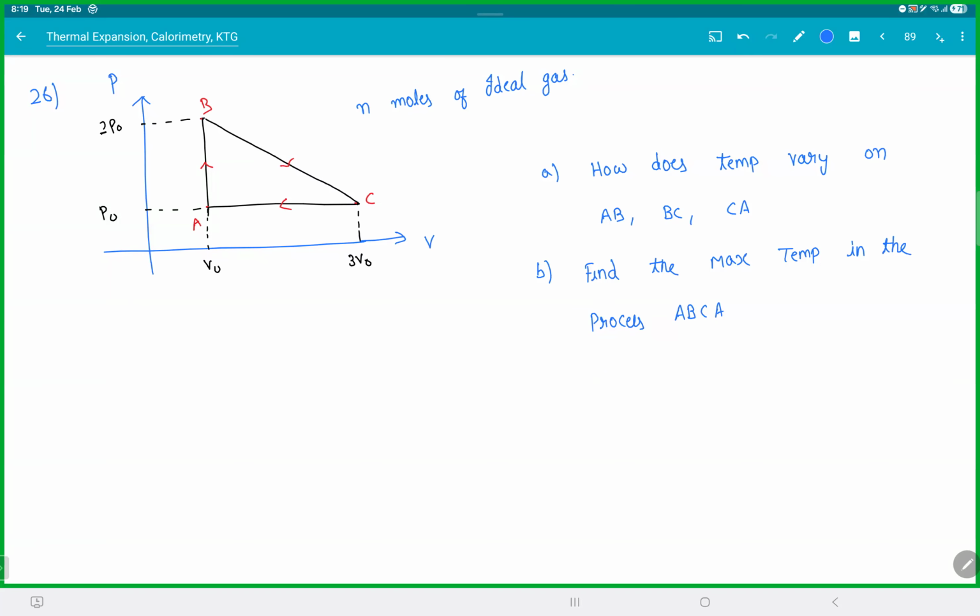Get the temperature, everyone. Let's see how you will first figure out the temperatures, because it's important. They might give you a graph like this. They might say you have a curve like this, and they can ask you how the temperature varies on this AB curve. So you should know how to handle that. Think for a minute, then I'll show you the first part, and then I'll give you a little more time for the second one.